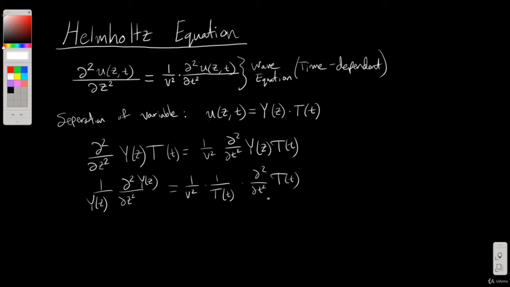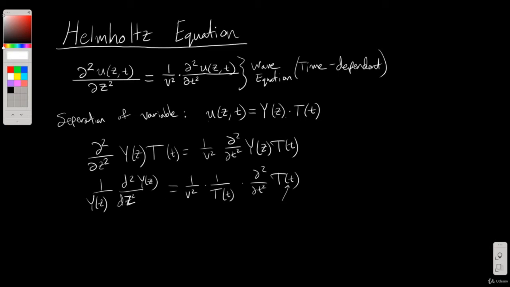And actually, since capital T is only dependent on little t, and this is a z here, and capital Y is only dependent on z, this is no longer a partial differential here. The essence of a partial differential equation is that you're differentiating along one axis of a function that depends on several.